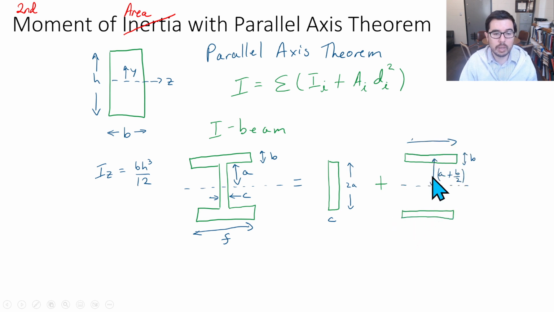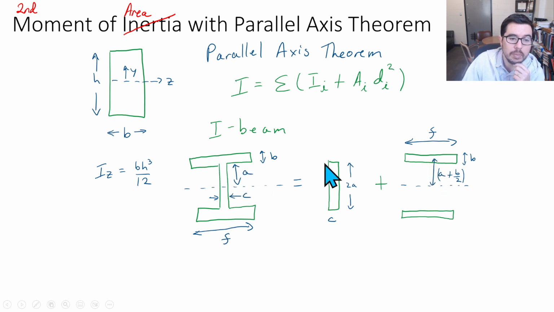And we see that the centroid of these rectangles is a distance of a plus half of this b. So that's what you see here, it goes up to this. This has a width f, that we see here.